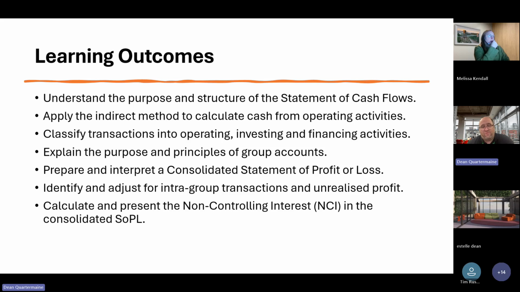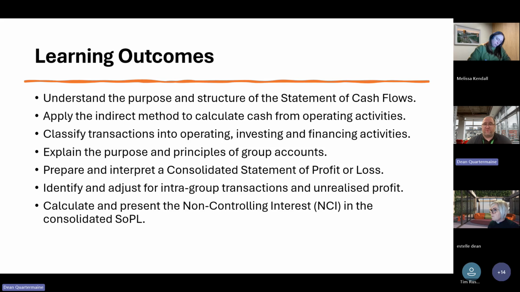The overall objective is to understand the purpose and structure of a statement of cash flows. Then we're going to apply the indirect method to calculate cash from operating activities, and classify our various cash transactions into either operating, investing or financing activities.